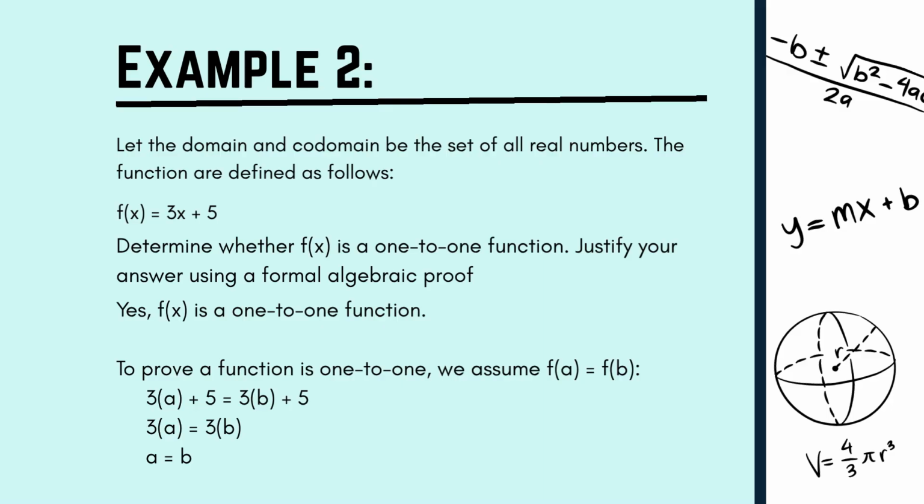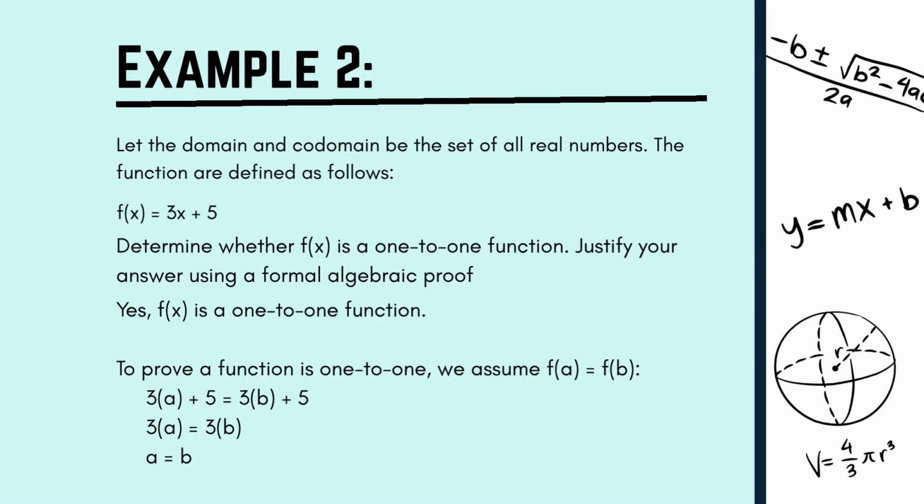To prove a function is a one-to-one function, we assume f(a) equal to f(b), and then we substitute a and b into f(x). We will get 3a plus 5 equal to 3b plus 5.